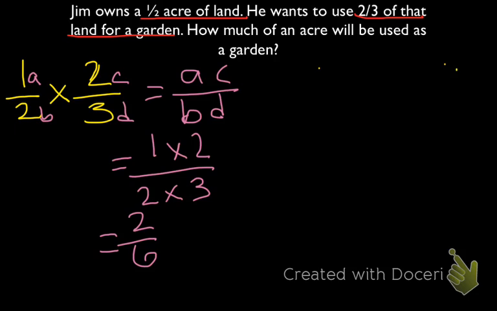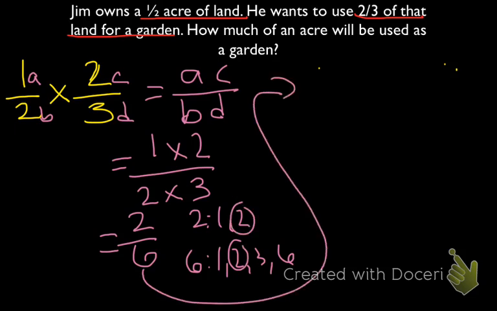Now we have to write this in simplest form. 2's factors are 1 and 2. 6's factors are 1, 2, 3, and 6. So 2 is our greatest common factor. So we'll divide top and bottom by 2, which gives us 1/3.